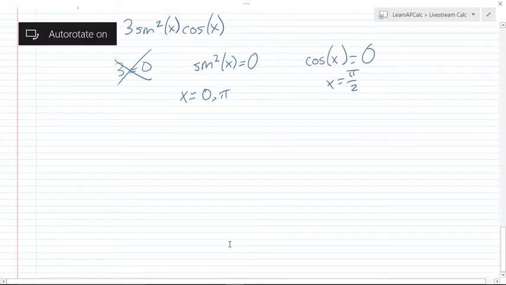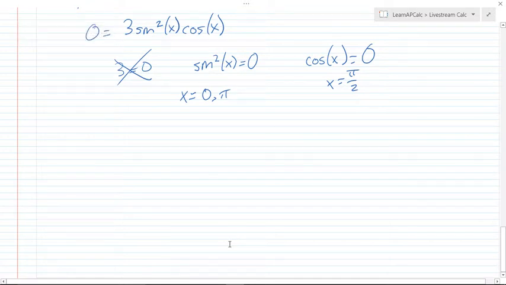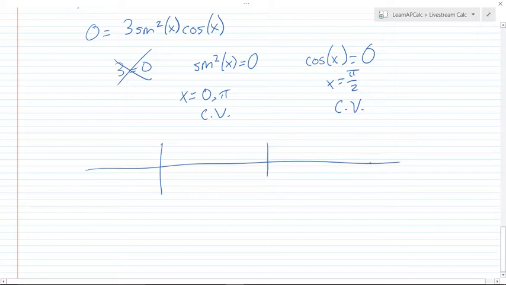Alright, so now we have our critical values. So now we want to do the first derivative test. Alright, so we'll say negative 1. This is x equals, this is f prime of x equals.